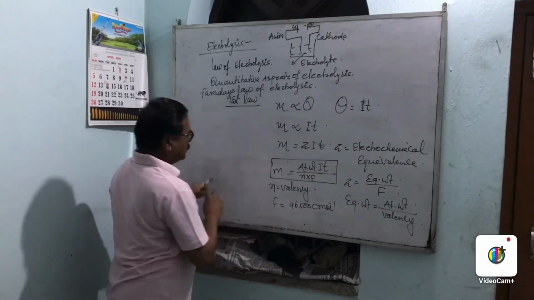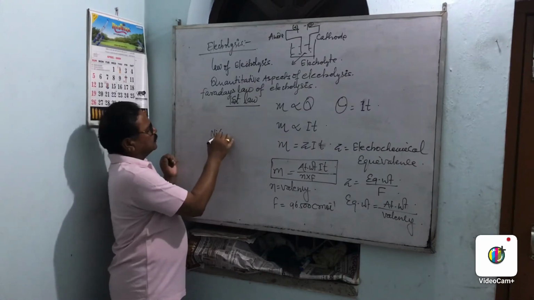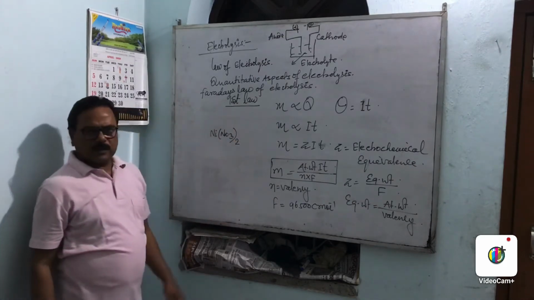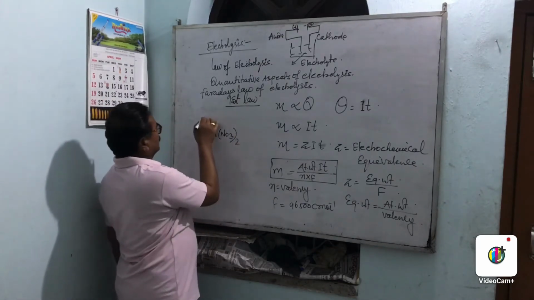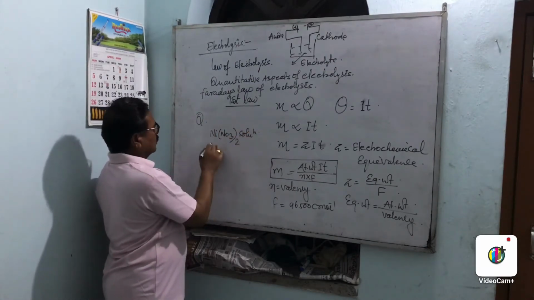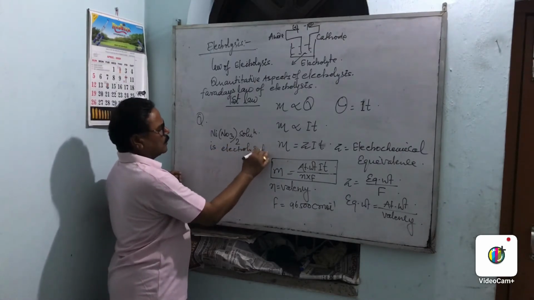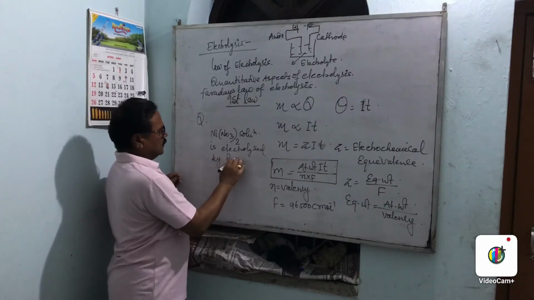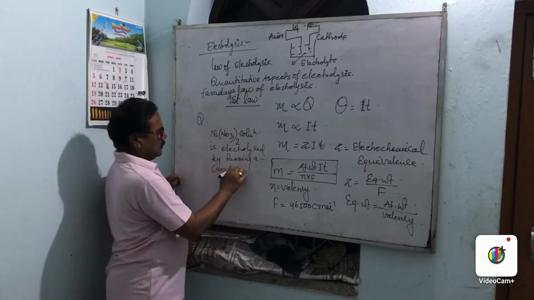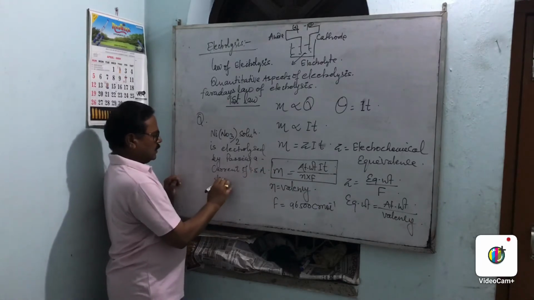Suppose the numerical problem is: a solution of nickel nitrate is electrolyzed by passing a current of 1.5 ampere for 10 minutes.